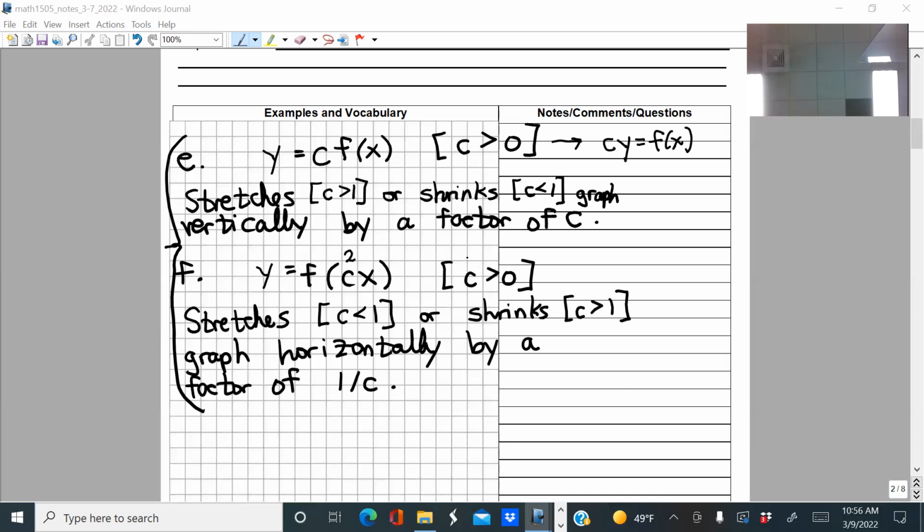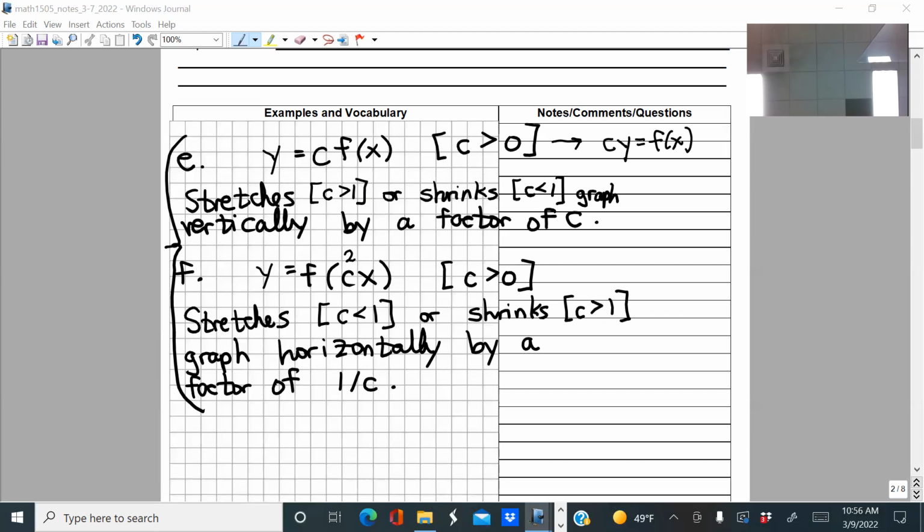But the results are the same, except the results apply to what? Either the y-axis, where you're stretching or shrinking or shifting vertically, or the x-axis, where you're stretching or shrinking horizontally or shifting horizontally, okay?